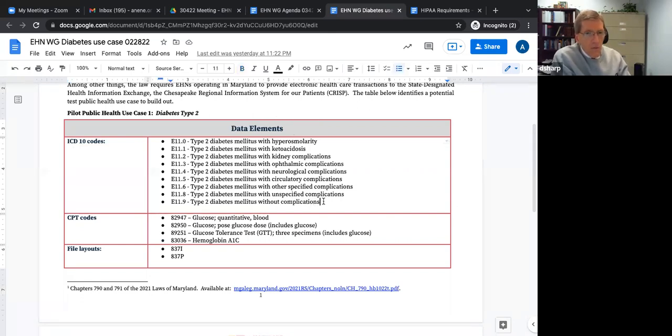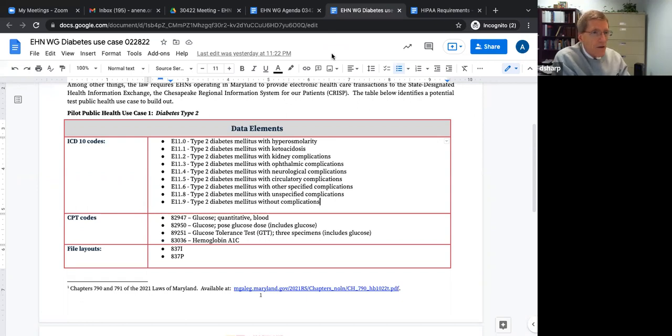If you'll recall, what we wanted to do was pick a use case that supported the SIHIS, the state's efforts here to push forward with public health initiatives that were approved by CMMI under the total cost of care model. So we picked, working with the providers, specifically these data elements. And I see we have Dr. Kinder on the call, so that's fantastic.